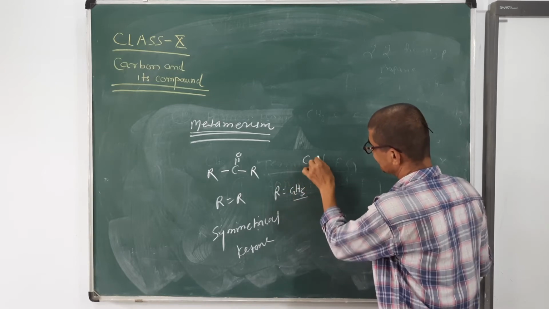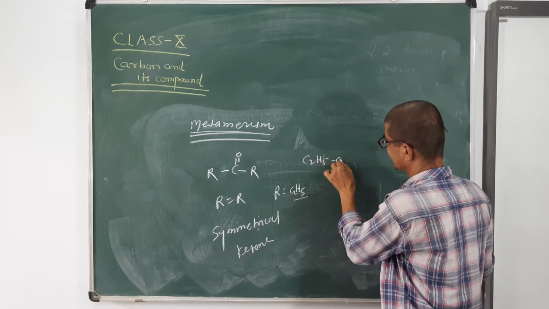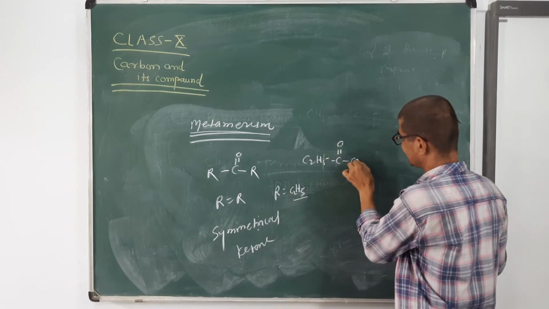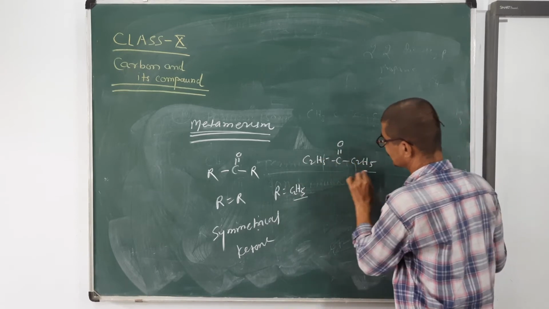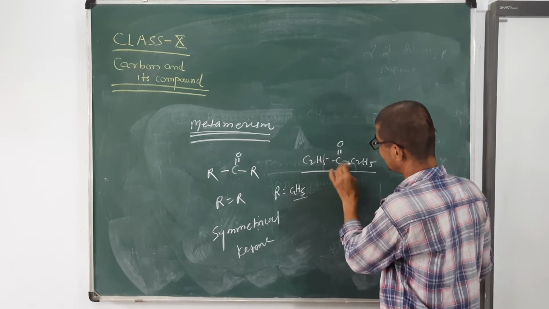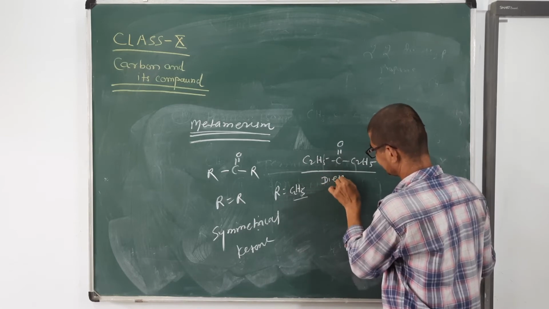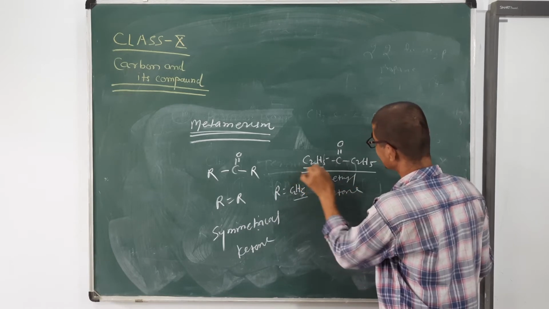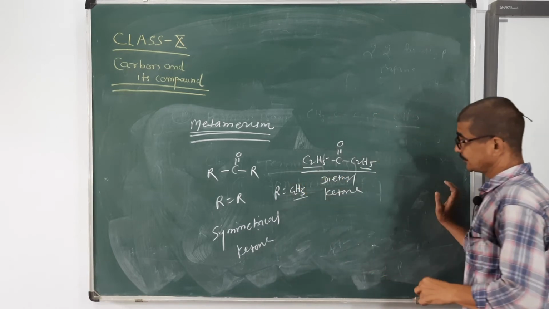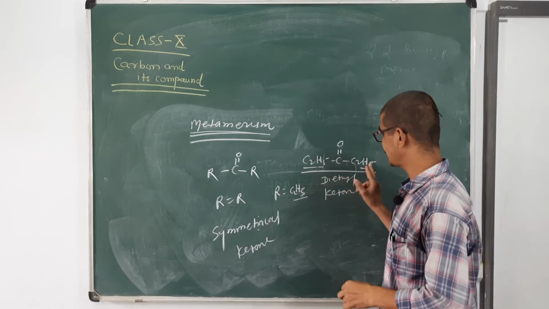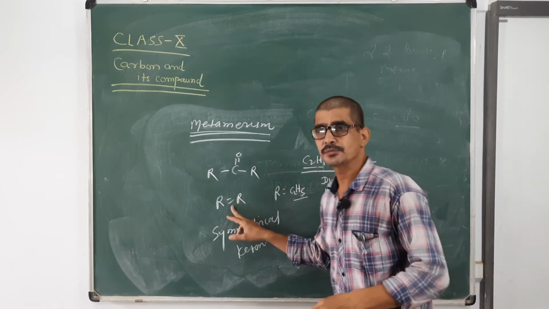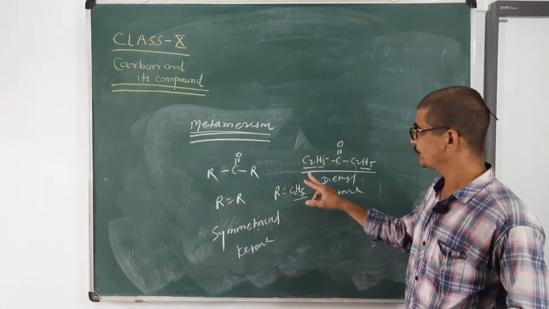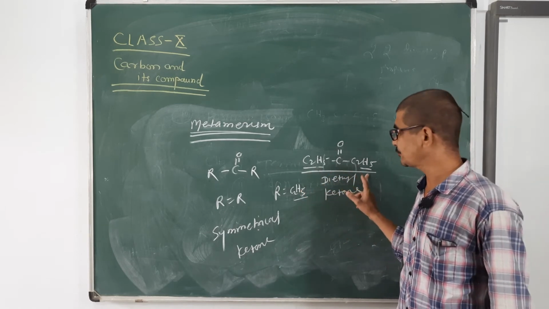So C2H5 CO C2H5. This is called diethyl ketone. It is called symmetrical because both sides have the same type of alkyl groups present here.